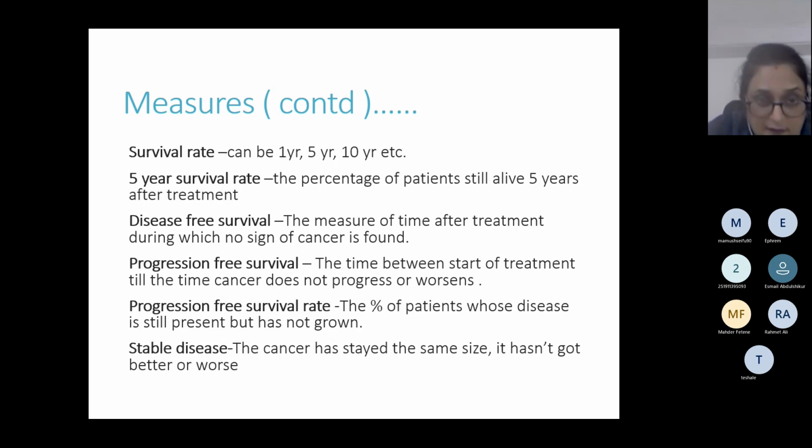So from the time you start the treatment till the time the patient becomes free of cancer, with no sign and symptom of the disease, and the disease is not present, that time gap is called disease-free survival. Later on, it might happen the patient's disease comes back, but till the time he was free, that is disease-free survival. Why is this important?